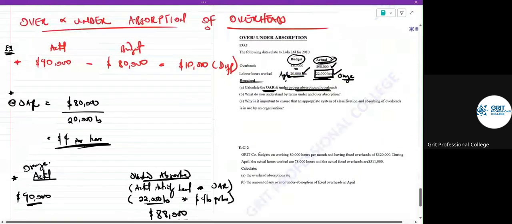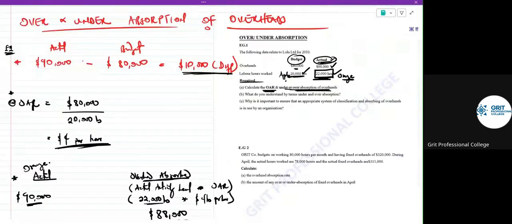So what I have here in red, this difference of 10,000, we are saying this actual and budget costs cannot be compared.